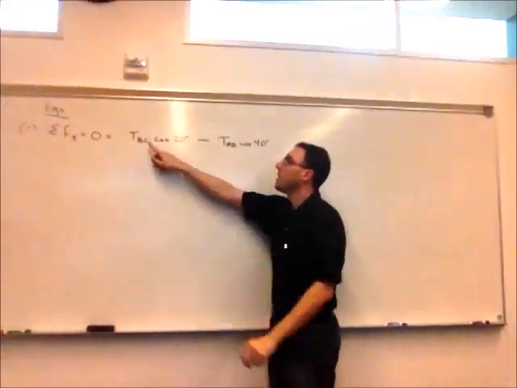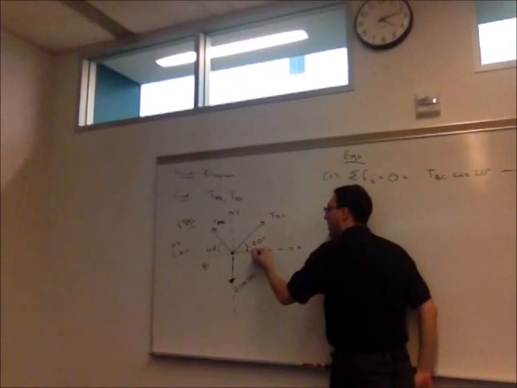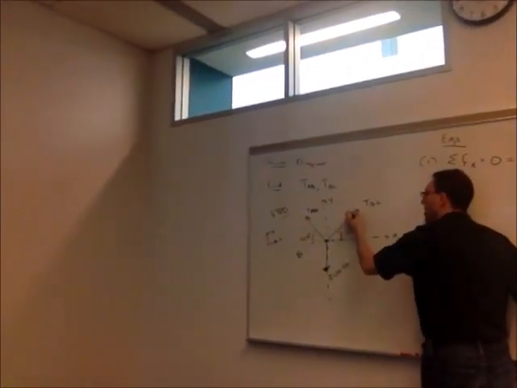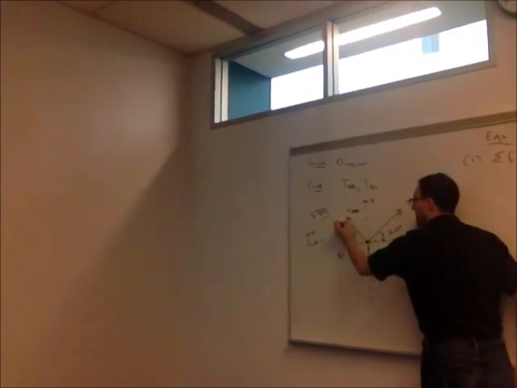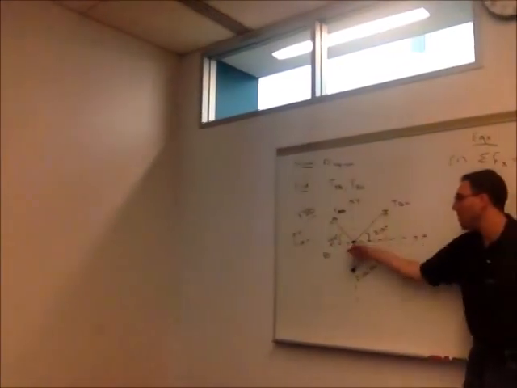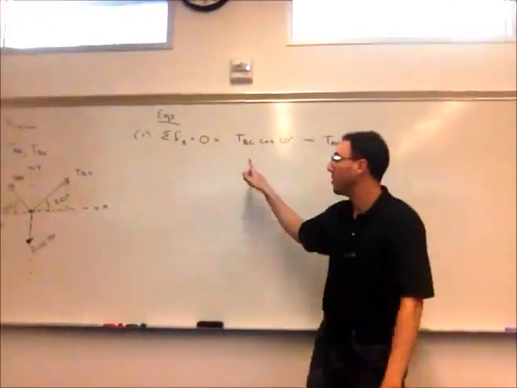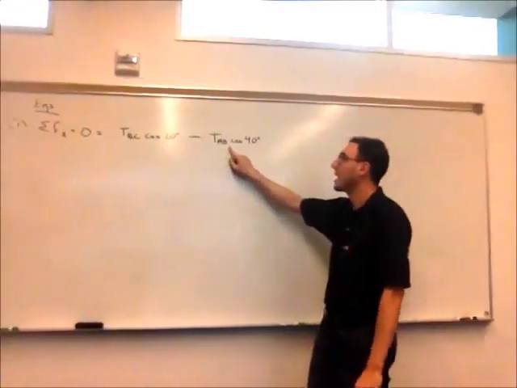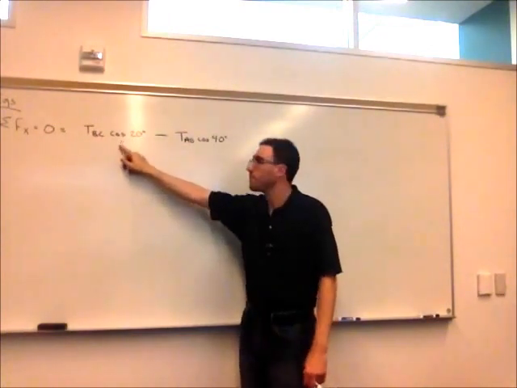This goes back to what we talked about last week. This component of TBC is in the positive x direction, but for TAB, its horizontal component points to the left, which I've defined as the negative x direction. So in this equation, this has a negative I component, and this had the positive I component.